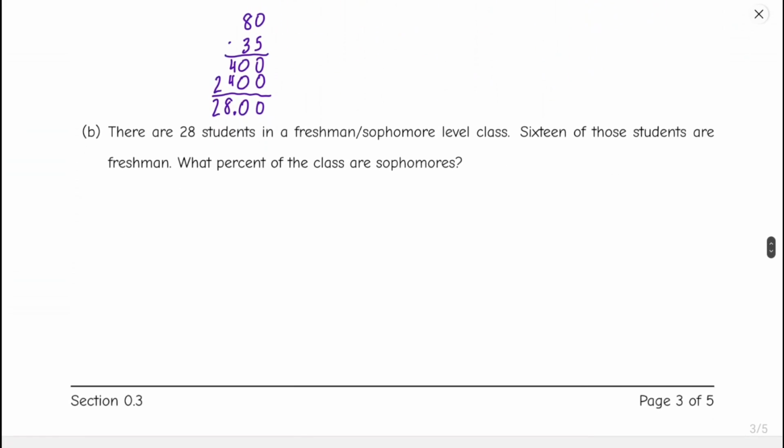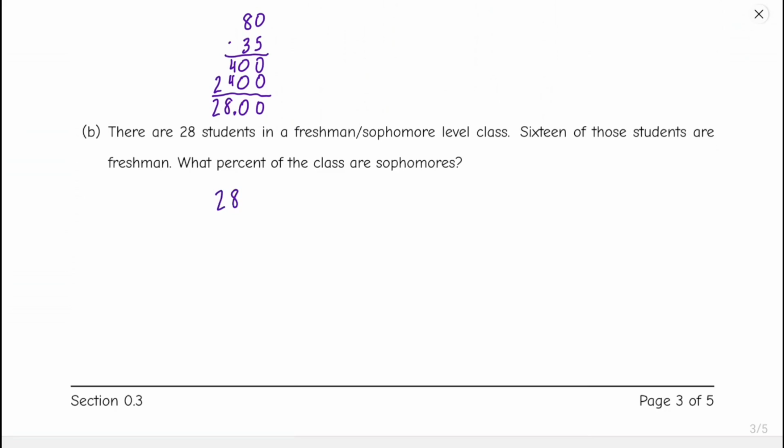B. There are 28 students in a freshman-sophomore level class. 16 of those students are freshmen. What percent of the class are sophomores? So I have 16 freshmen out of 28 students, and I'm asking what percent are sophomores. First thing we need to do is find the number of sophomores.